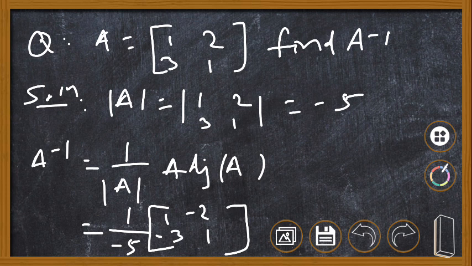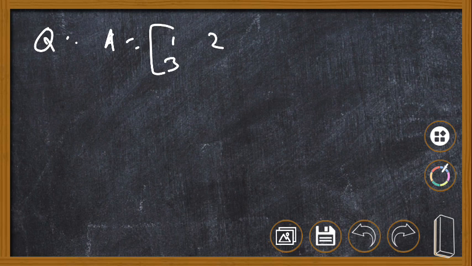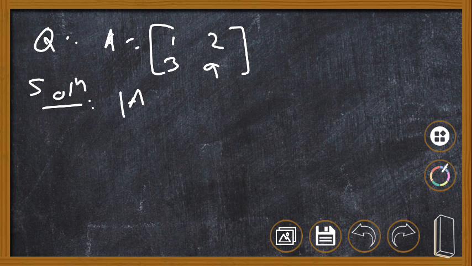Let me take another 2 cross 2 example, then I will proceed to a 3 cross 3. Suppose A equals 1, 2, 3 and 9. Now find A inverse. For that, first I will find the determinant of A. The determinant of 1, 2, 3, 9 is 9 minus 6, which is equal to 3.